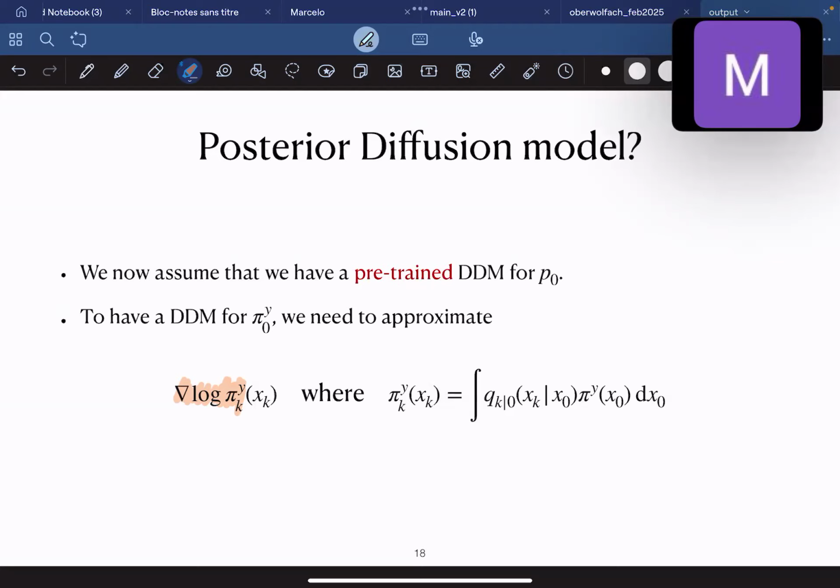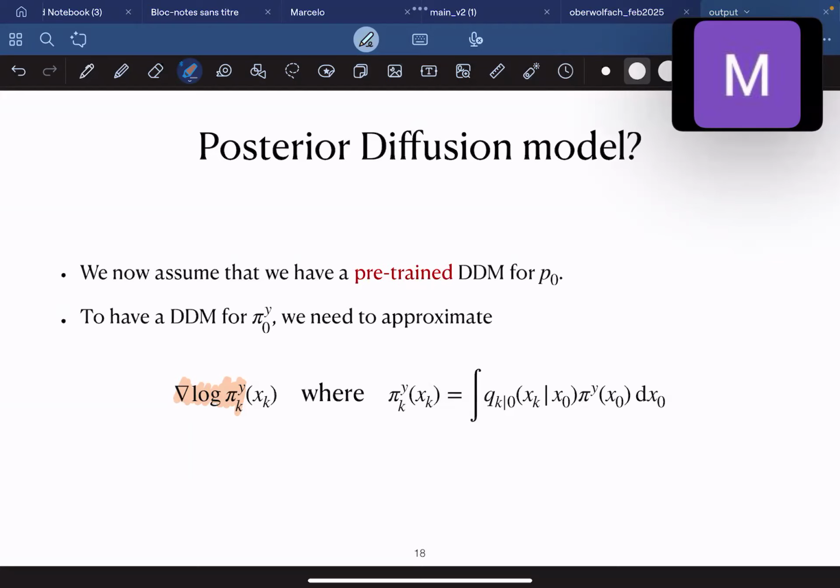Now, the question you may wonder, and that this paper tries to solve, and us as well, is this. Since you have access to the sequence of denoisers of my original diffusion model, which is used as prior, and my posterior, you also have access to the sequence of scores associated with this diffusion model.